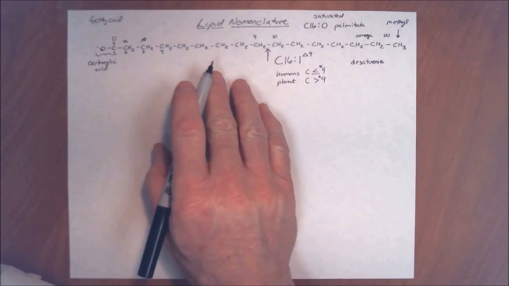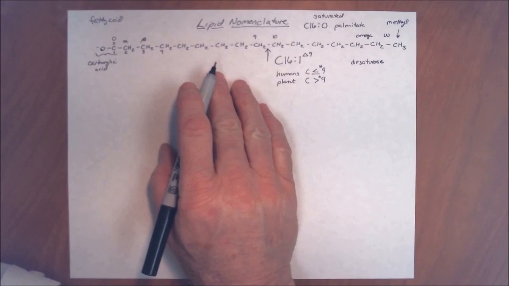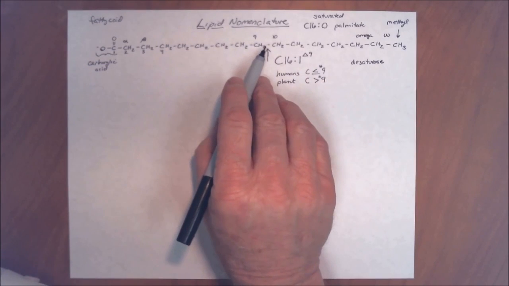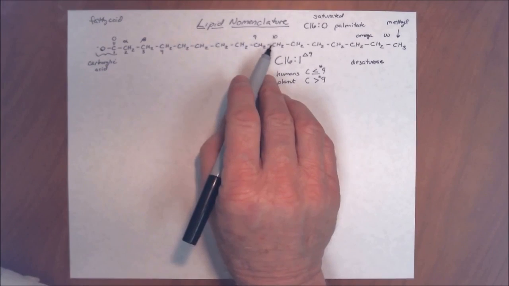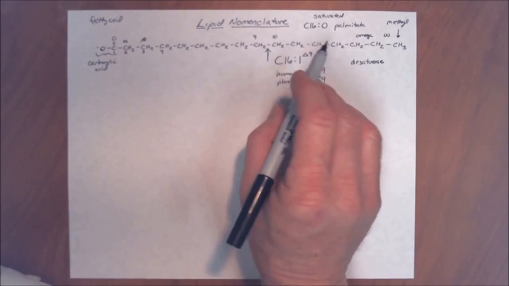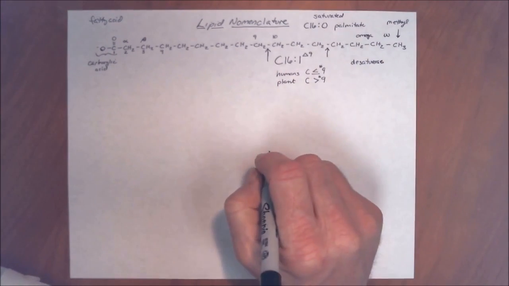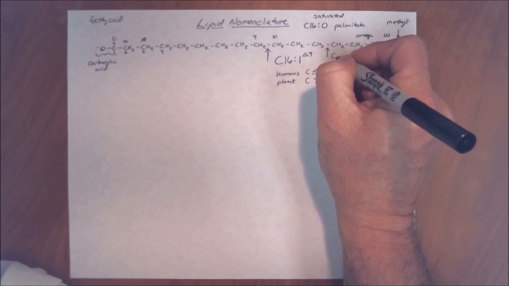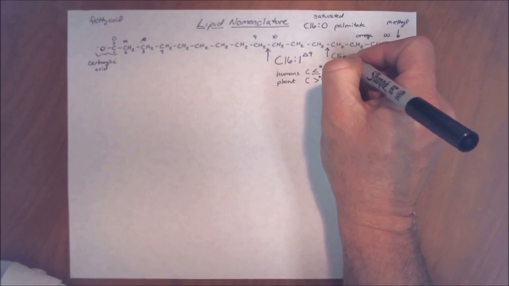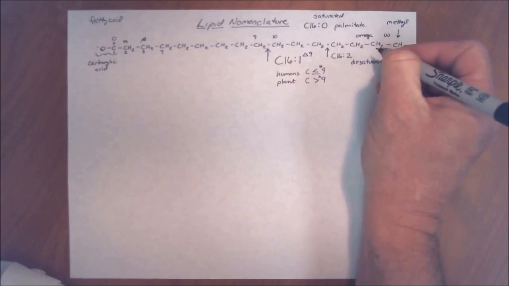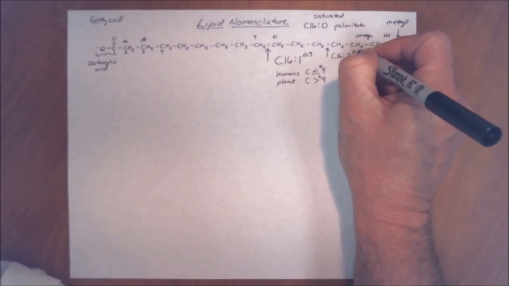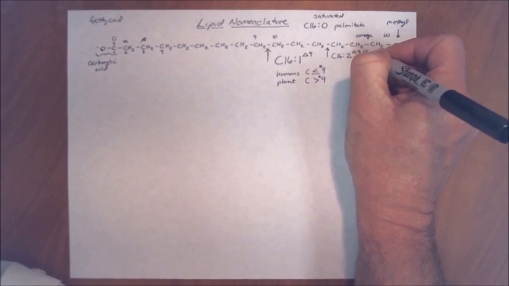Now, if we have two double bonds in here, let's say that we have one here at number 9, 10, 11, 12. Let's say we introduce one here at carbon 12. The nomenclature would then be C16 colon 2 for two double bonds, delta 9, comma 12.